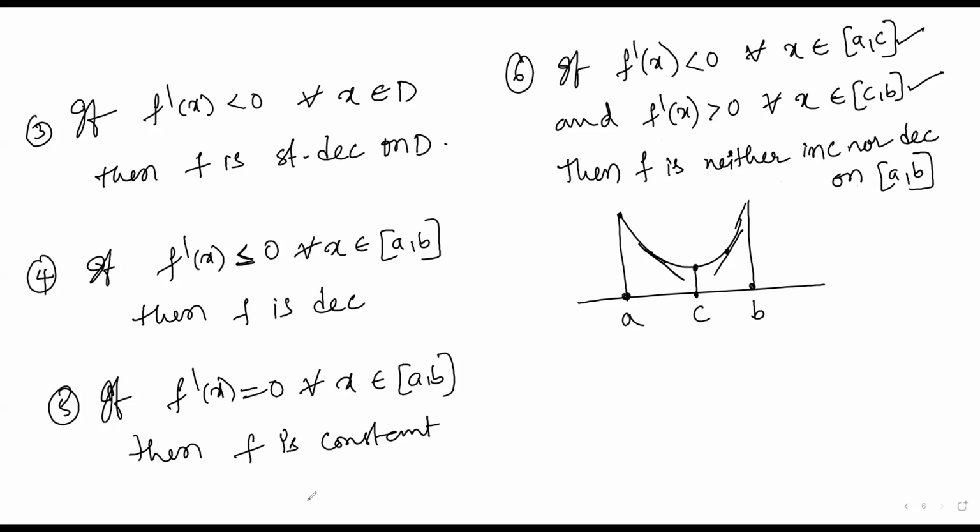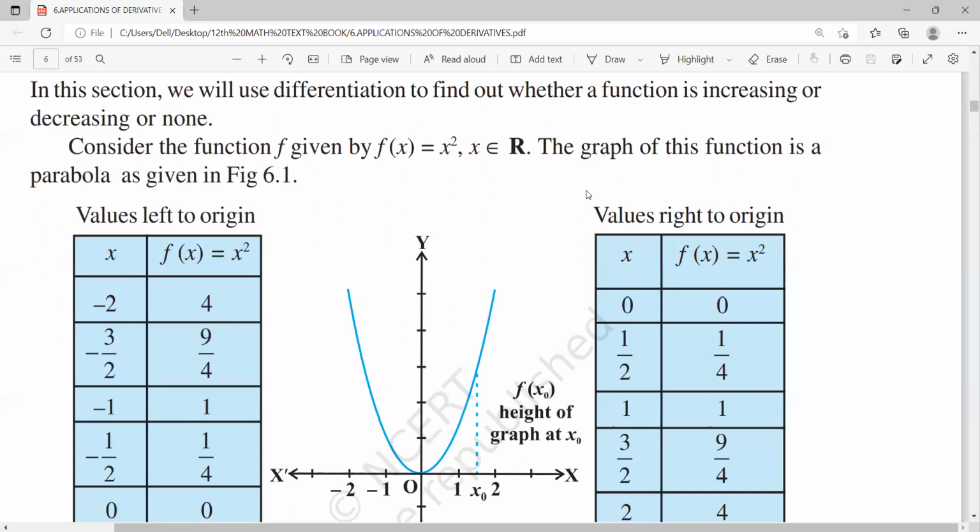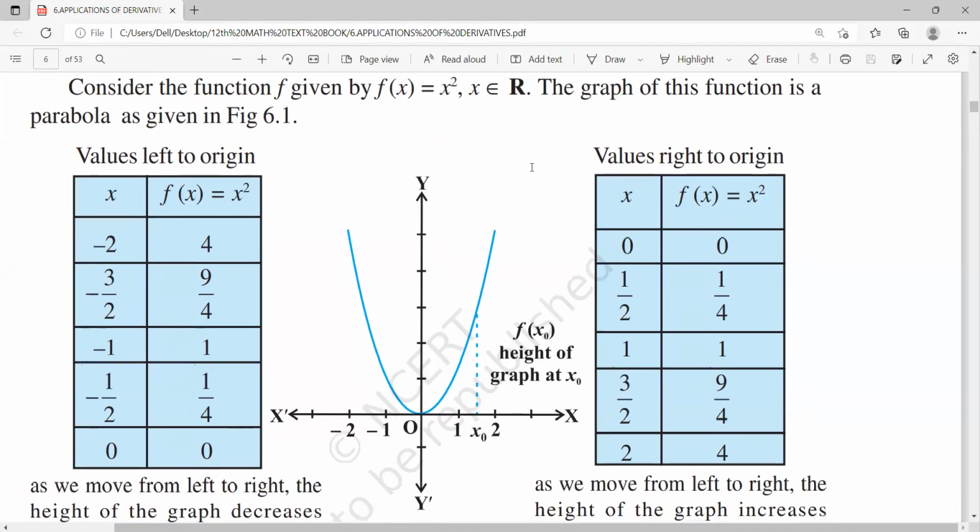So now let's take some examples to understand this. Here I discussed an interval, but let's say you have to discuss at a point. How do you discuss at a point?